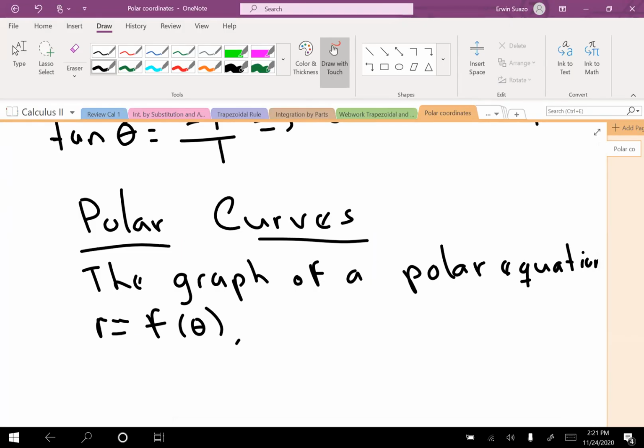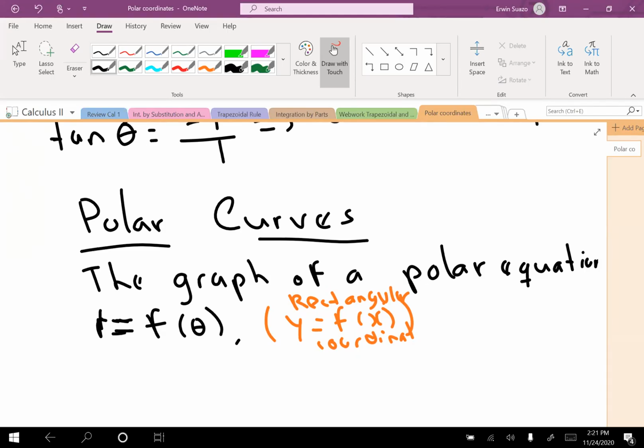Compared to the usual y equals f of x, which is rectangular or Cartesian coordinates. In this case, this is polar coordinates, you see? This is nice. r equals f of the angle.